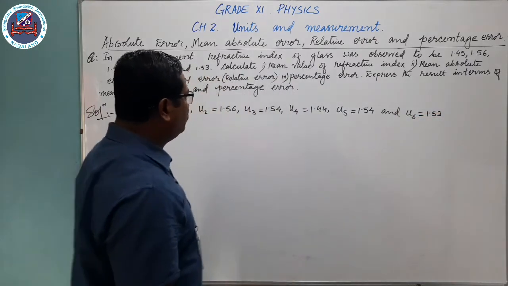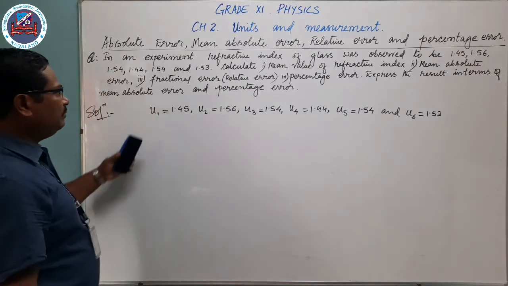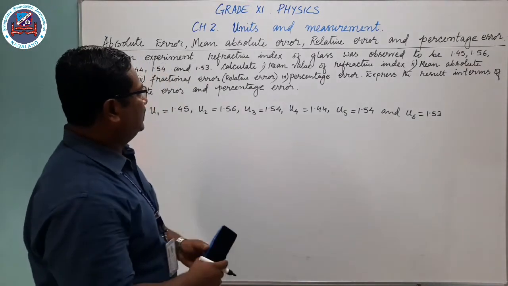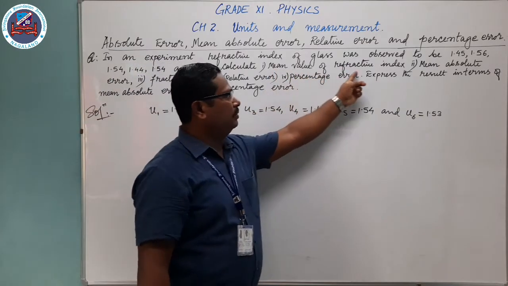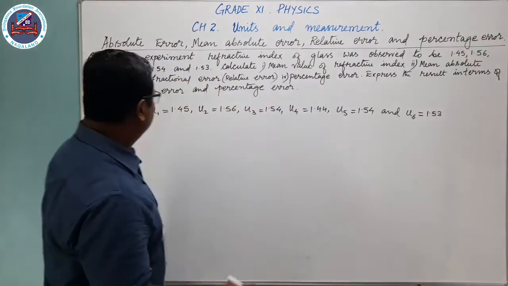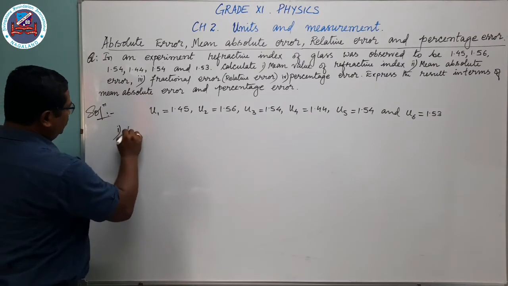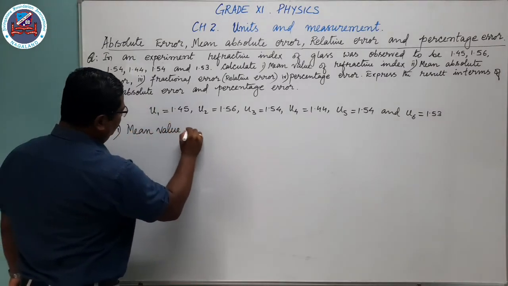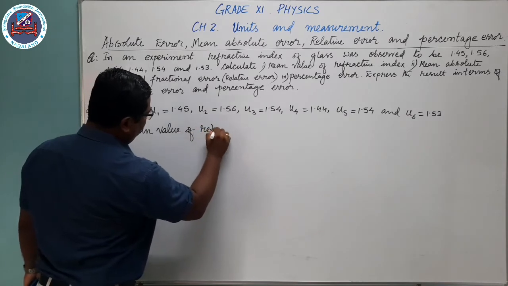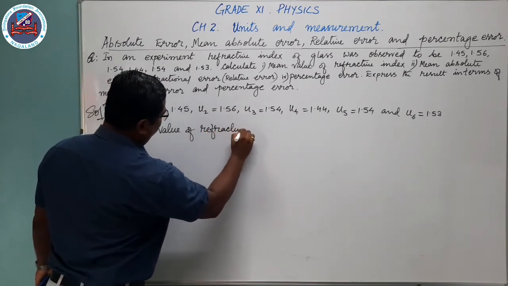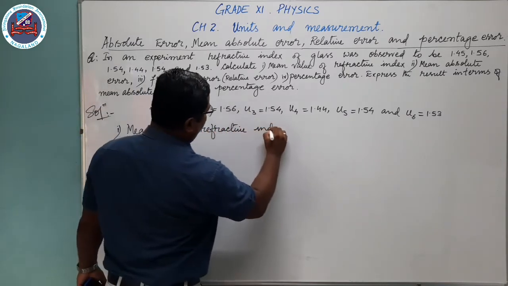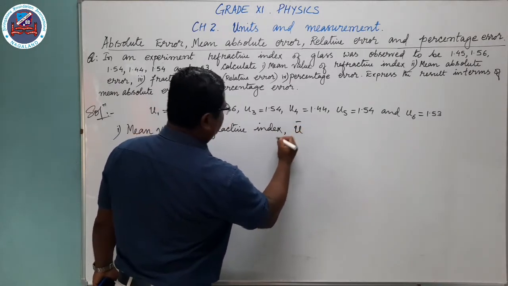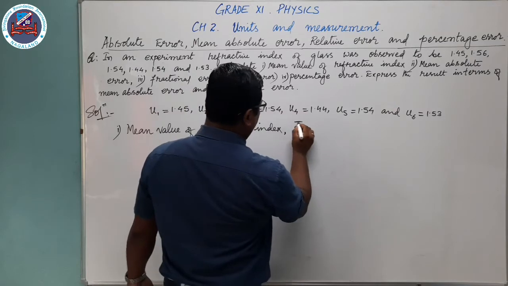So first you have to find the mean value of refractive index, and that is what is asked here. As you all know, the mean value of refractive index, we write it as U bar. Bar indicates mean.